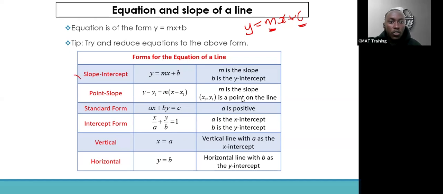This is the most common form of the equation, the slope-intercept equation. We usually try and reduce equations to the above form, y equals mx plus c. Then we also have various other equations. We have point slope, we have the standard form, we have the intercept form, we have the vertical and the horizontal lines. These are equations of horizontal and vertical lines.